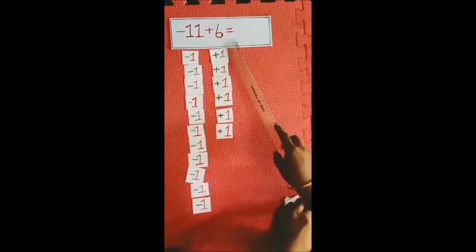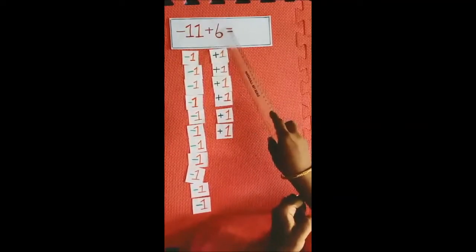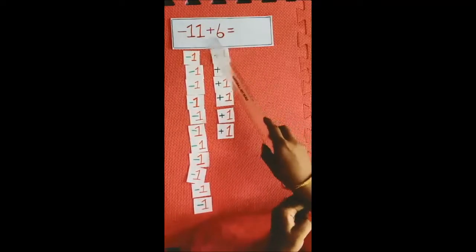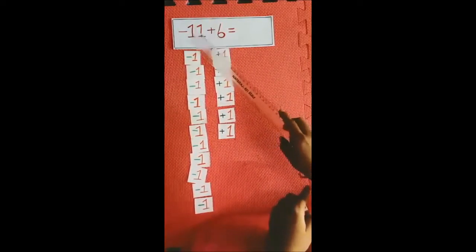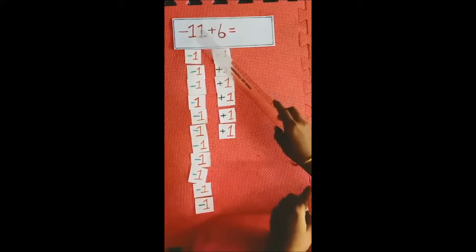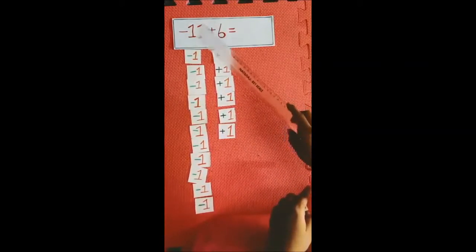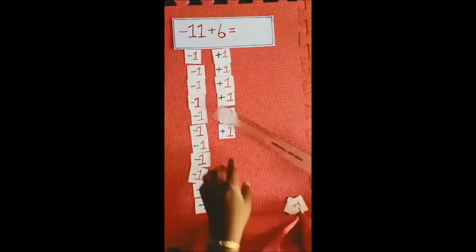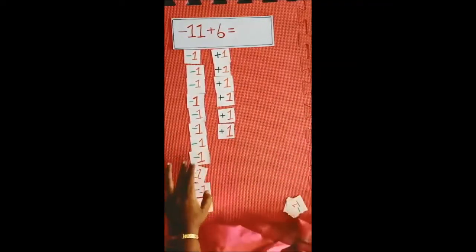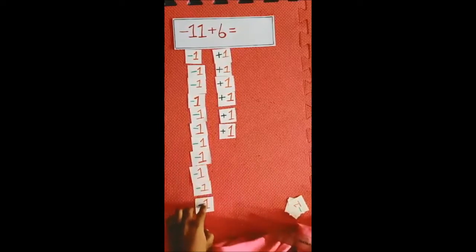Next see the second sum. Minus 11 plus 6. Again we have two integers. One is negative and another one is a positive integer. For minus 11 we have to take 11 minus 1 cards. See here, 1, 2, 3, 4, 5, 6, 7, 8, 9, 10, 11.